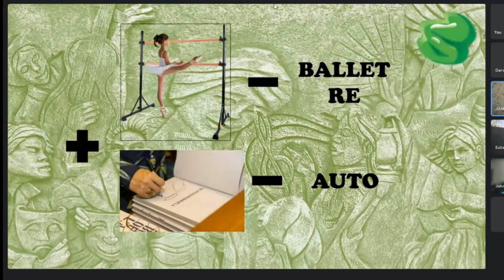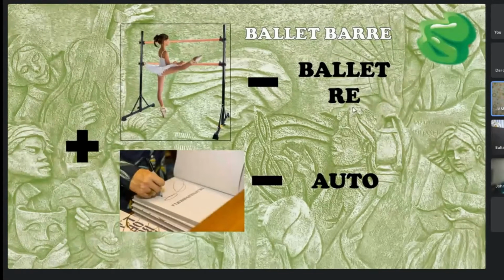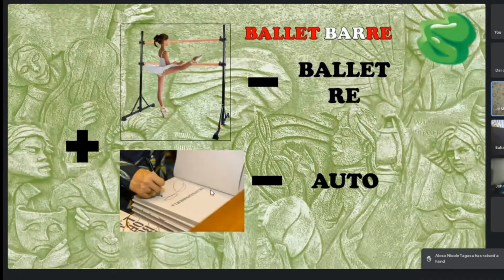Ballet rehearsal. How about the others? The word that we can decode here is bar. But what is this picture? This picture is a ballet bar. So this thing is what we call a ballet bar. So when we subtract ballet and the RE, we have here bar.